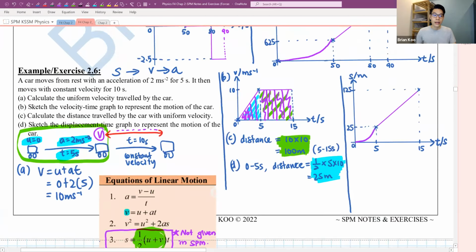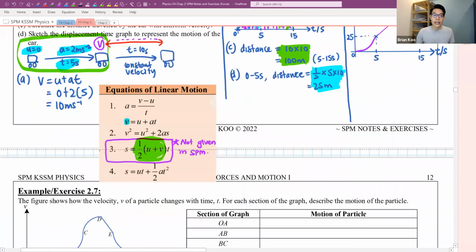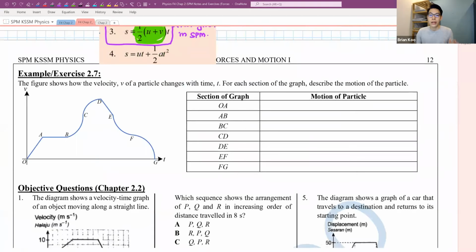Okay. Right. So before I do this question, I need you guys to know that they won't ask you to draw a curve for a velocity graph. Maybe they might ask this in an objective question. You might see later on in some of your objective questions, maybe they ask you this also, right? So let's read through the question first. The figure shows how the velocity of a particle changes with time.